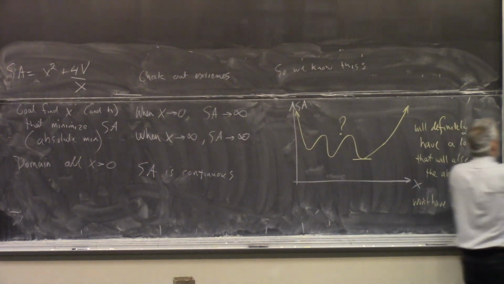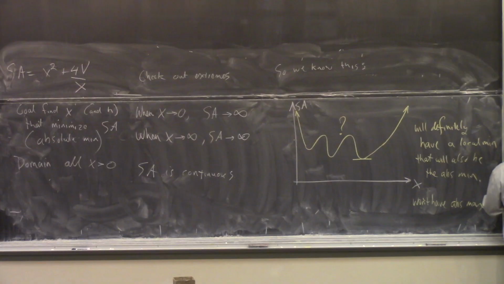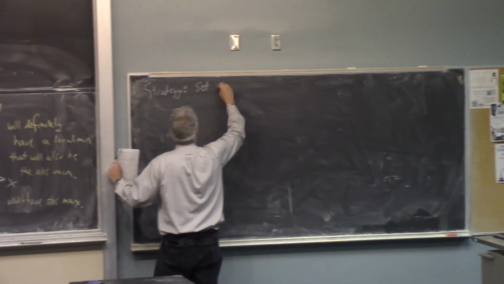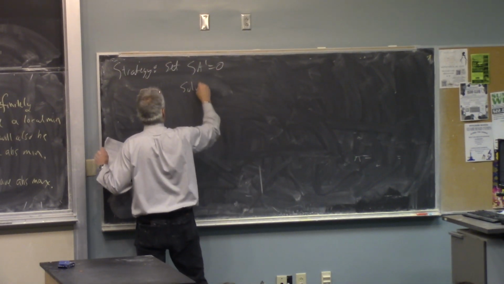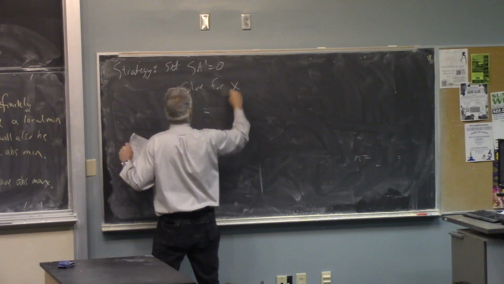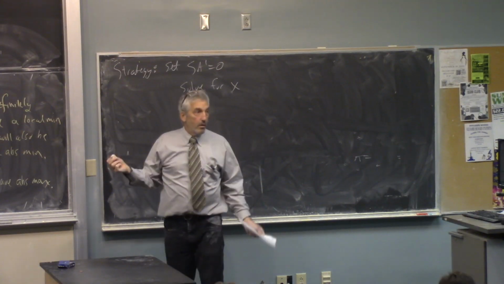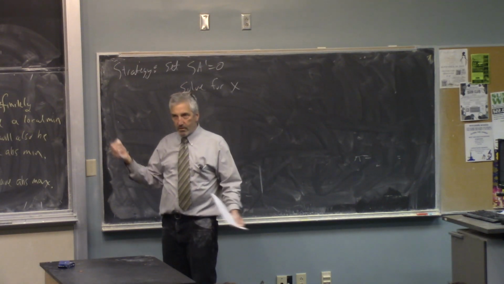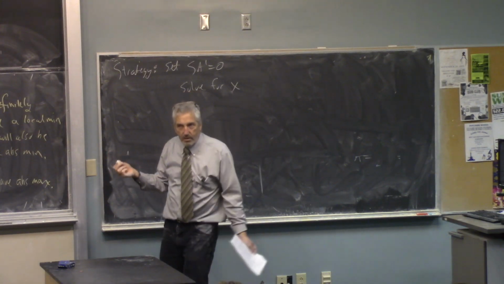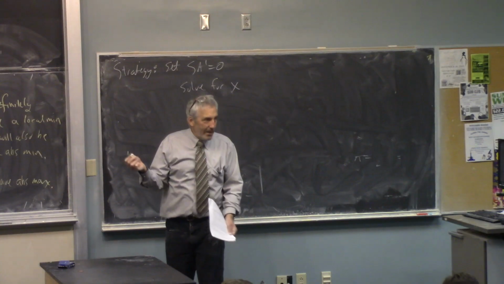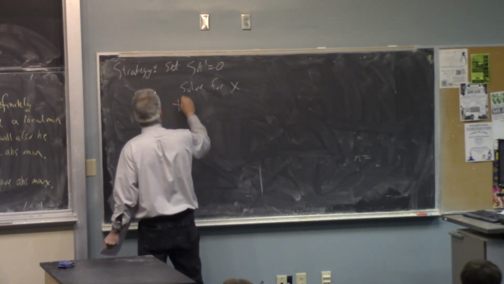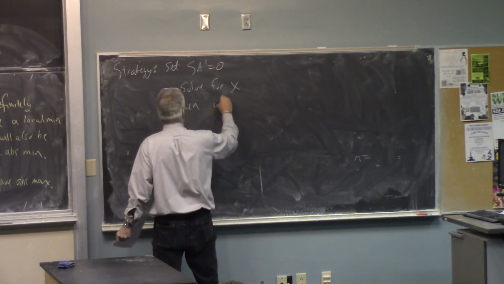So the strategy is to set SA prime equal to 0, solve for x. And then, I don't know, it's the Wild West here. I'm not sure what we're going to find. We'll have to sort of think our way out of that situation when we get to it. Then wing it.